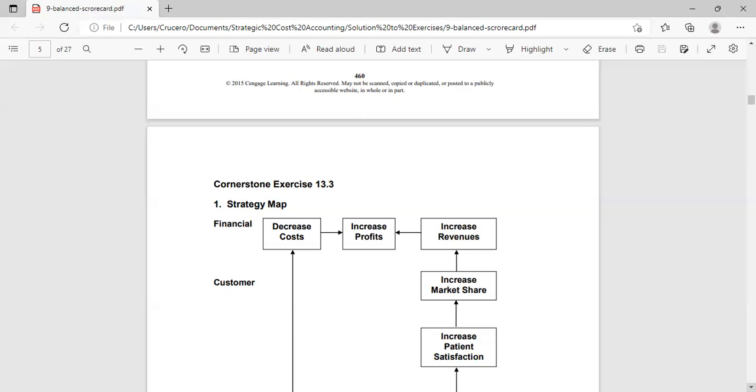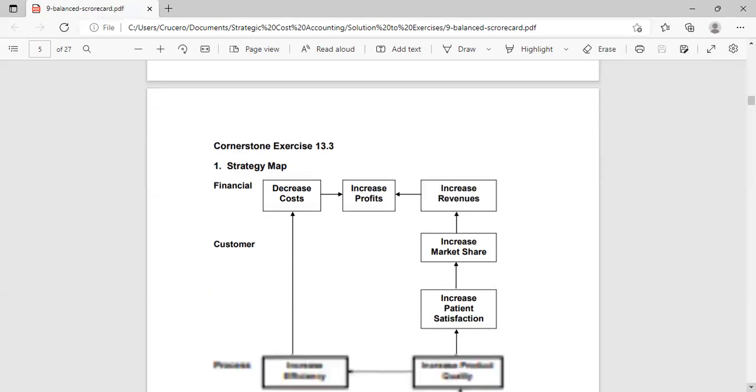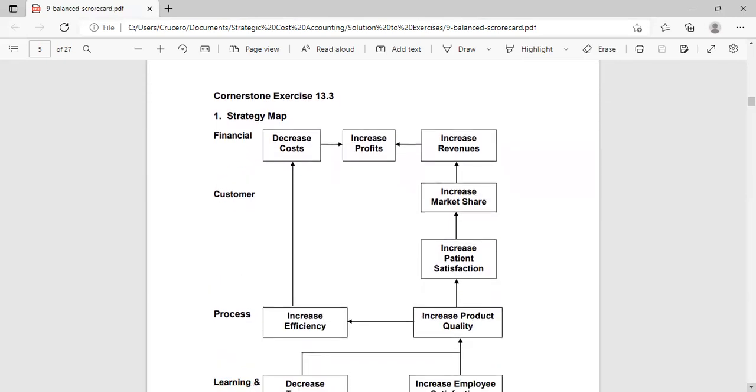And for the strategy map, we have the financial. So decrease costs or increase profits, and so increase revenue and increase market share.